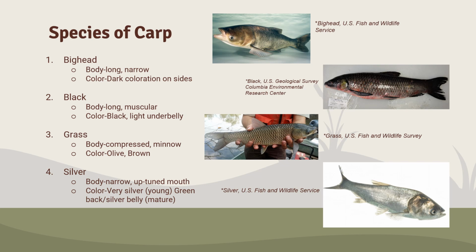And then the bottom one is a pretty bad one, but it's the silver carp, and it's narrow body. If you can look on the picture in the bottom, you can see it's got an upturned mouth, and the color of it, obviously very silver whenever they're young, and then when they start to get older, their back actually turns a little green color, but their belly remains pretty silver and shiny.